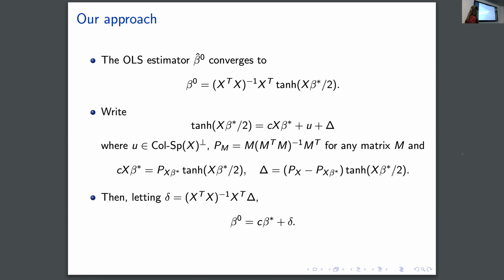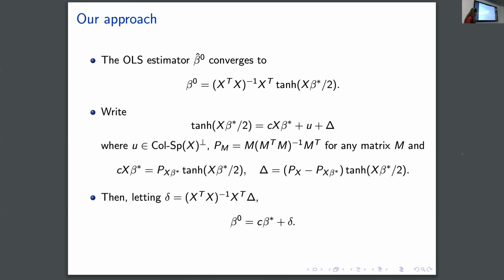Once we do this, you can see that the limiting value of the least squares estimator, beta naught, is a linear function of the unknown parameter beta star and an error term, small delta. This follows just by applying (x transpose x) inverse x transpose to this expression.